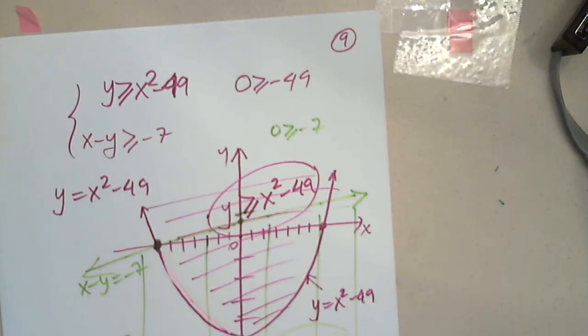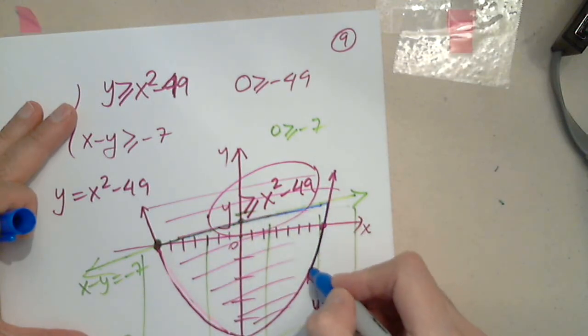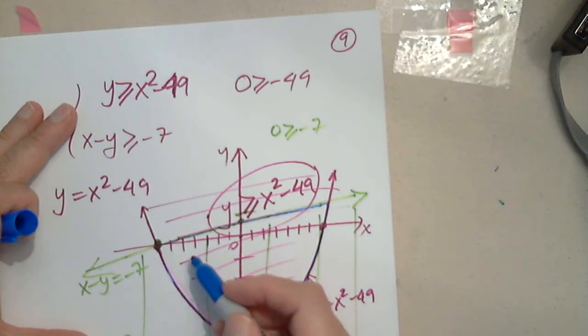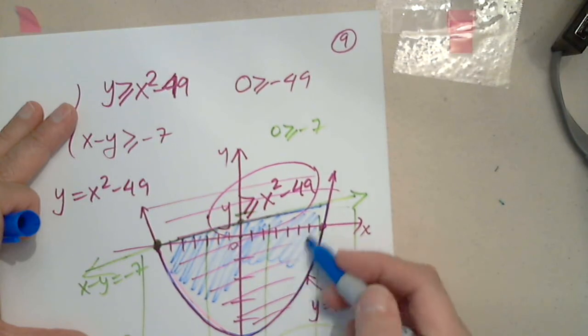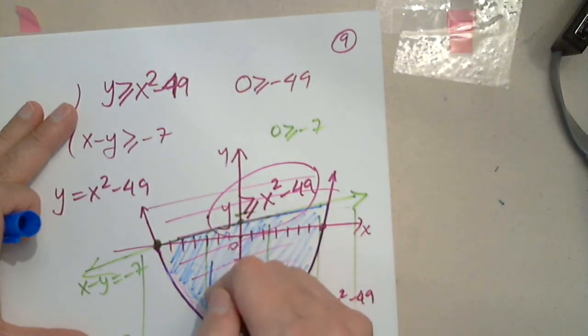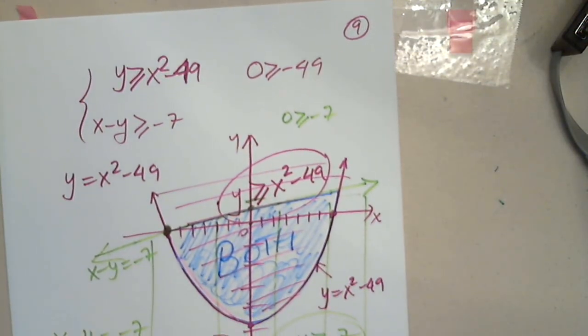But now I have to intersect purple with green. And when I intersect purple with green, I realize that it's everything on this line, everything on this curve, and everything in between. And this is both. Or if you want to write the system.